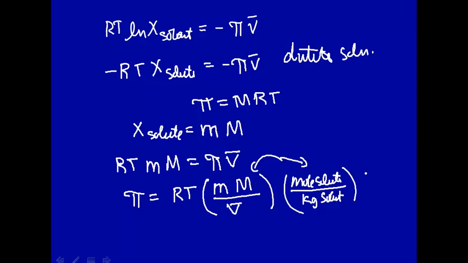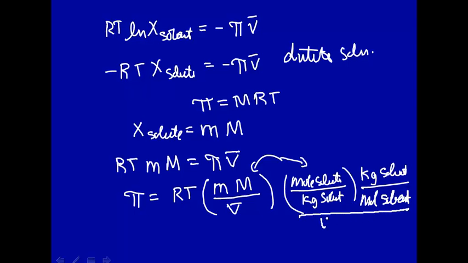The molar mass M, we'll put an SI unit, is kilogram of solvent over mole of solvent. And the molar volume is the volume per mole of solvent, because remember, the solvent is the one that's moving back and forth.